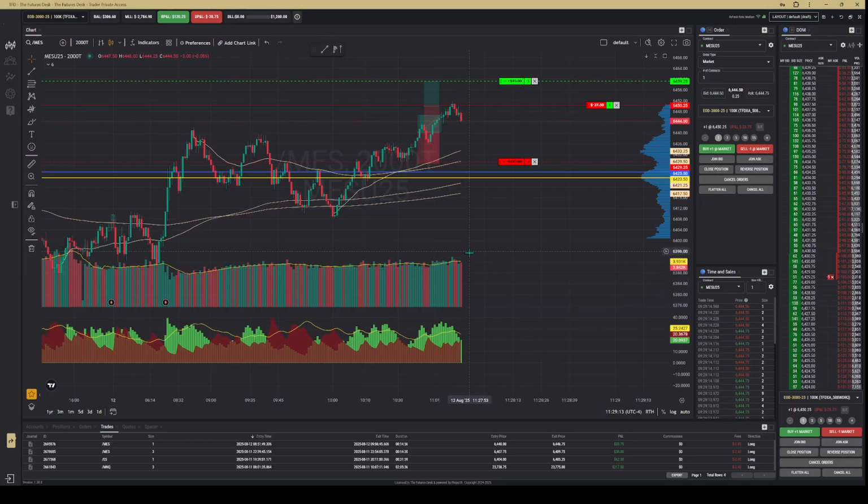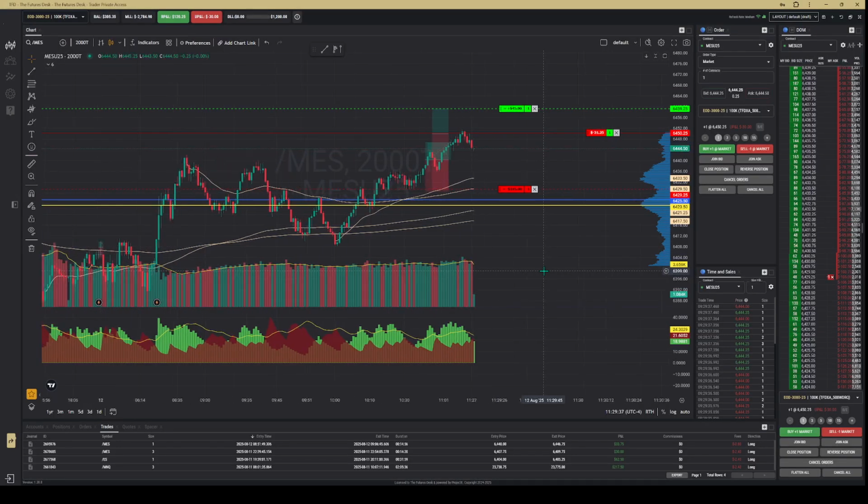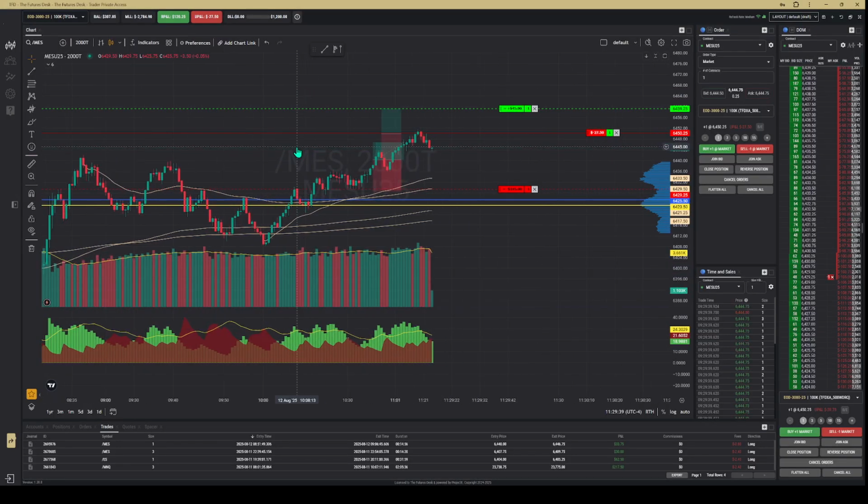Now it looks like it's increasing with volume. We're coming back above that 10 period average, but it's selling volume, or at least sellers have control. So we're going to see what happens. Again, pullbacks are definitely expected, so we're not too concerned.